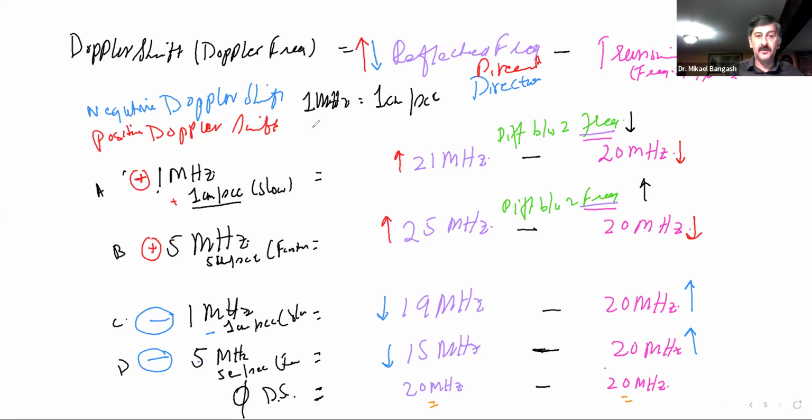Please don't come back tomorrow or at any other time and say, Mike, 1 megahertz is not equal to 1 centimeter per second. I just used this to make you guys understand it, okay?